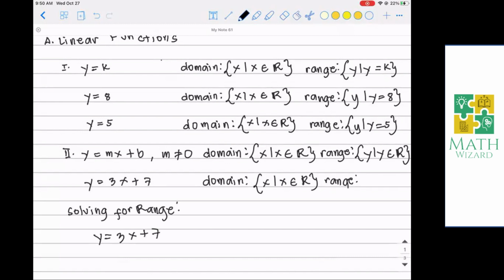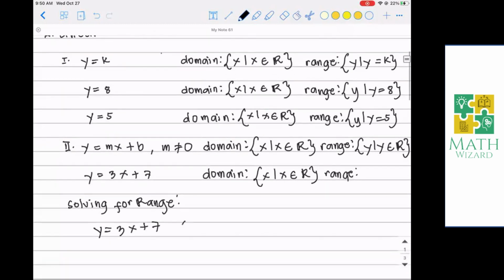How to find the range? So, ang gagawin natin, we need to solve for x in terms of y. Let's say hindi natin alam na kapag y is equal to mx plus b pala, all the real numbers na yung sagot niya. So we solve for x in terms of y.